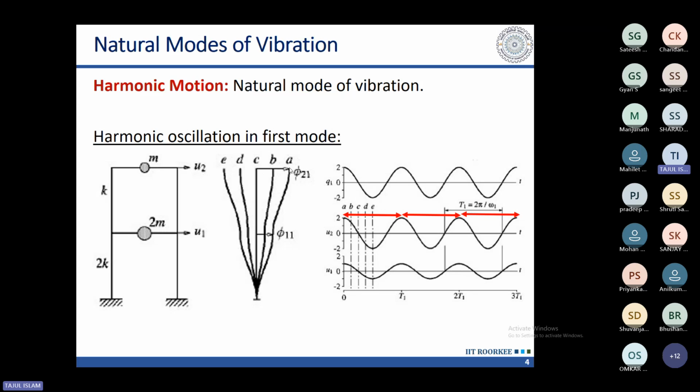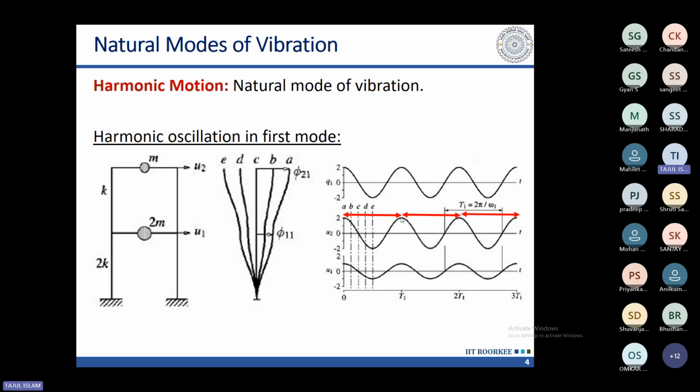The time taken for this oscillation, going back and coming back to the same point, is called the time period. If I take this cycle, there can be multiple cycles depending on how many oscillations the structure gives. Let's say I started from this point, it goes in the opposite direction, then comes back to the same point here. This is one cycle.